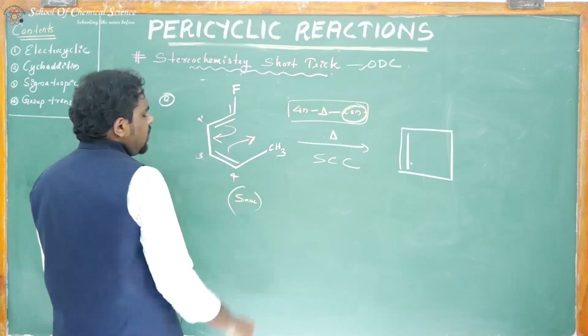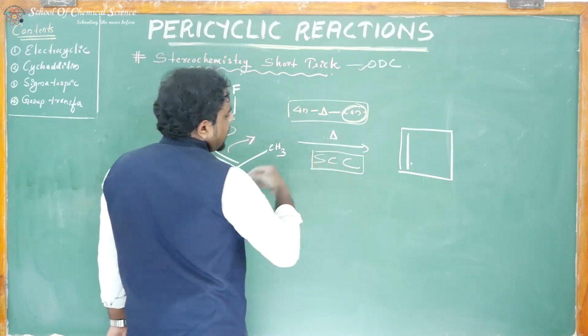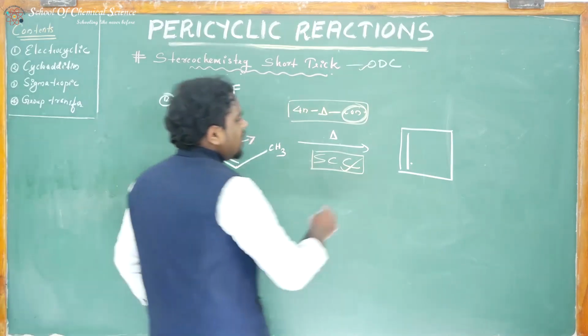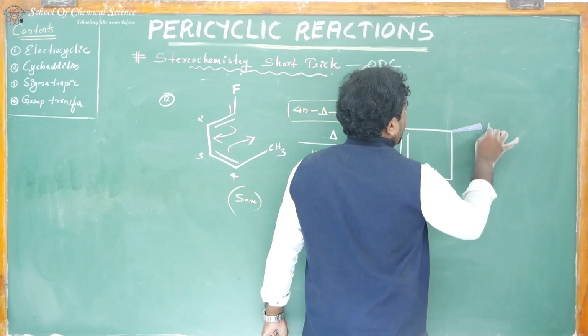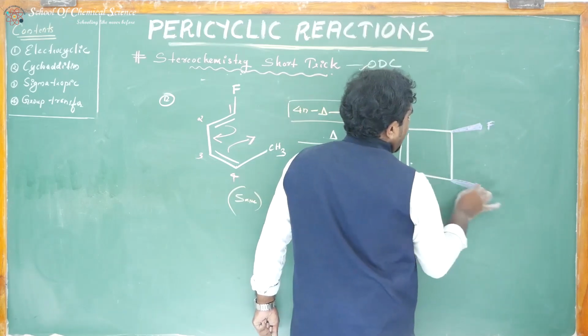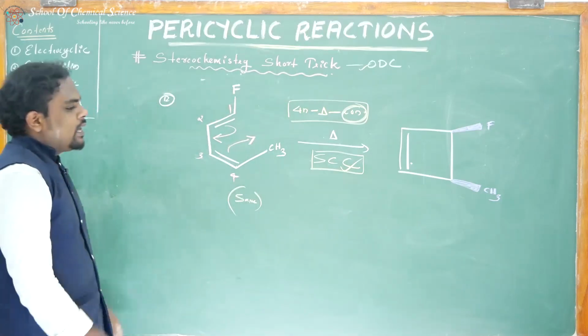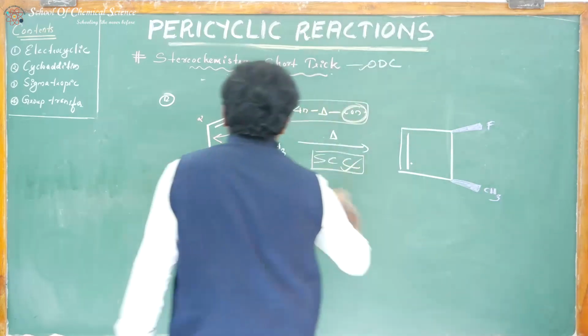According to the SCC rule, substituents on the same side with conrotation will be cis to each other. That means fluorine and CH3 are cis to each other. That is the stereochemistry of the fluorine and CH3. Okay, then the next question.